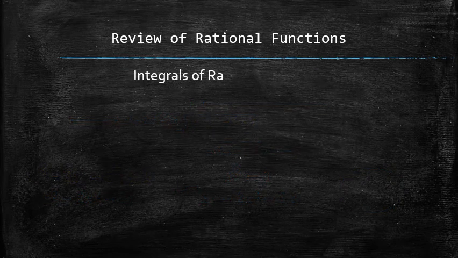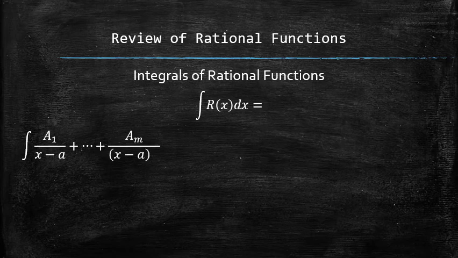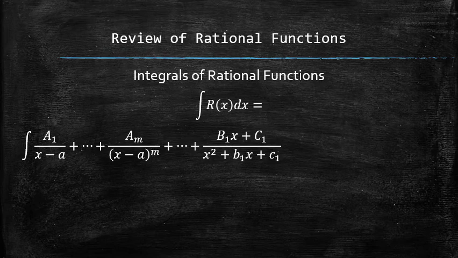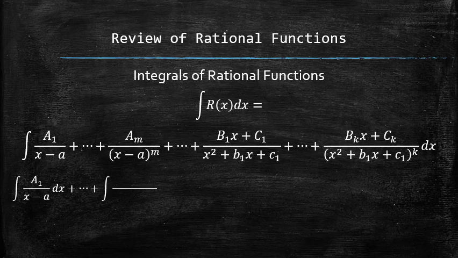The goal is to be able to integrate any rational function. Assuming that a rational function is proper and in reduced form, we can use the partial fraction decomposition theorem to decompose the rational function into a sum, and then use the linearity property of the integrals to split the integral into the sum of the integrals of the simpler rational functions.